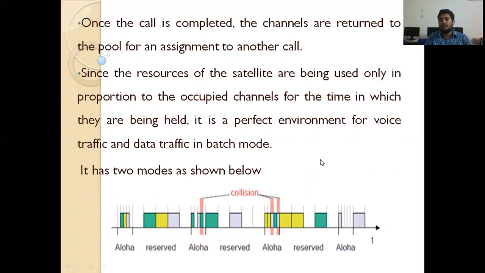It is a perfect environment for voice traffic and data traffic in batch mode. It has two modes, shown below: this is the Aloha, this one is reserved. Particular time slots are allocated for the users.